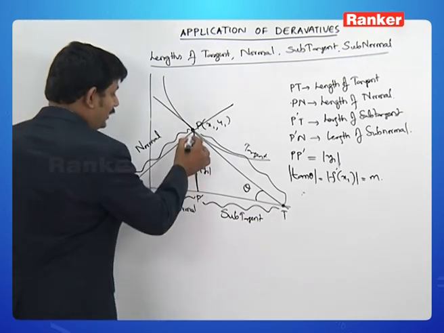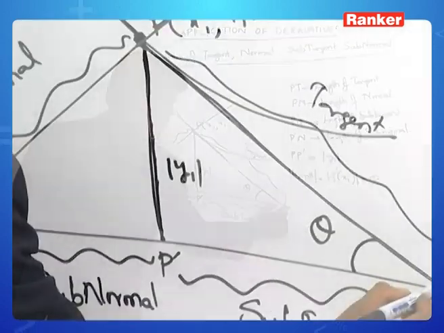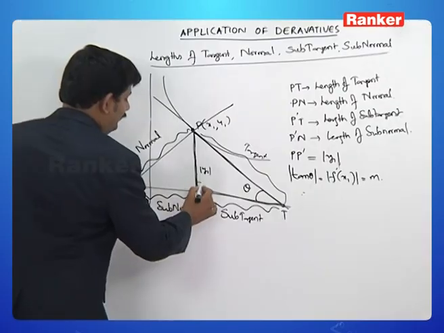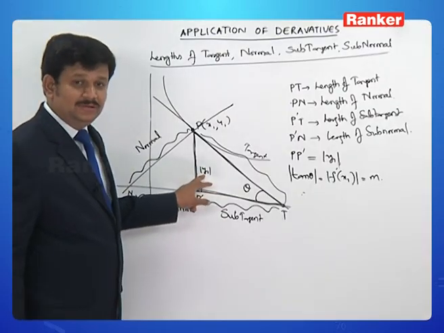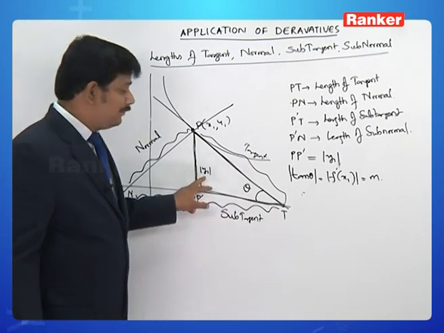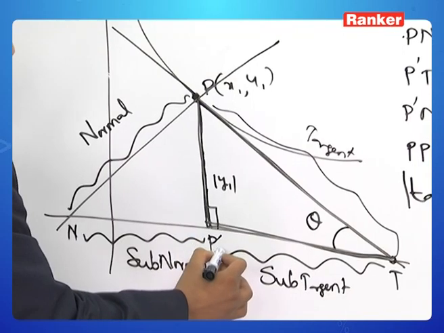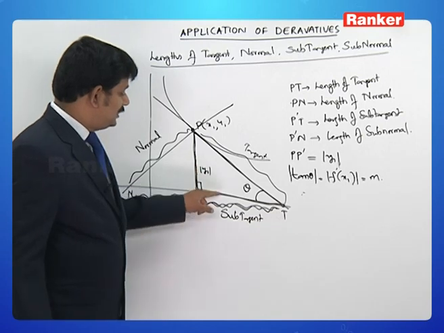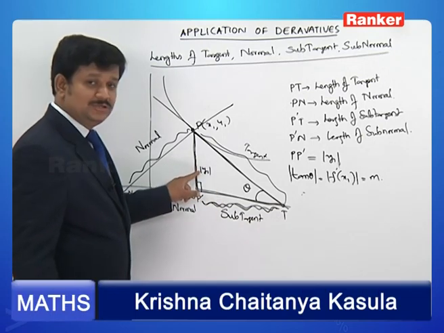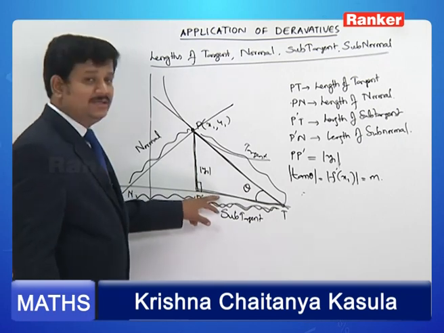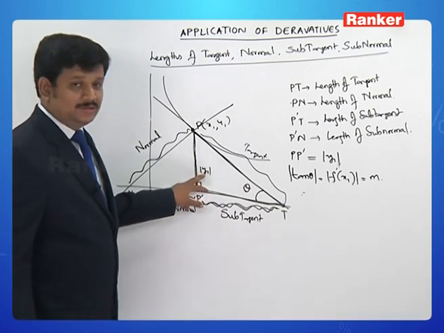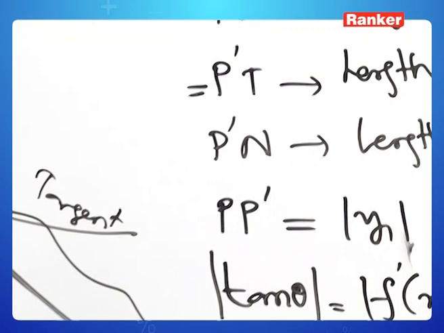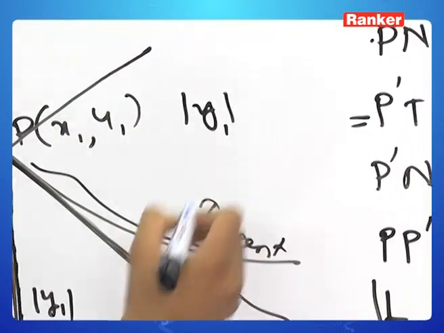Now if you look at the triangle PTP dash, it is a right angle triangle. We know side opposite to theta is mod y1. Tan theta is opposite side by adjacent side, so adjacent side is given by mod y1 into cot theta. So subtangent length P dash T is mod y1 into cot theta.